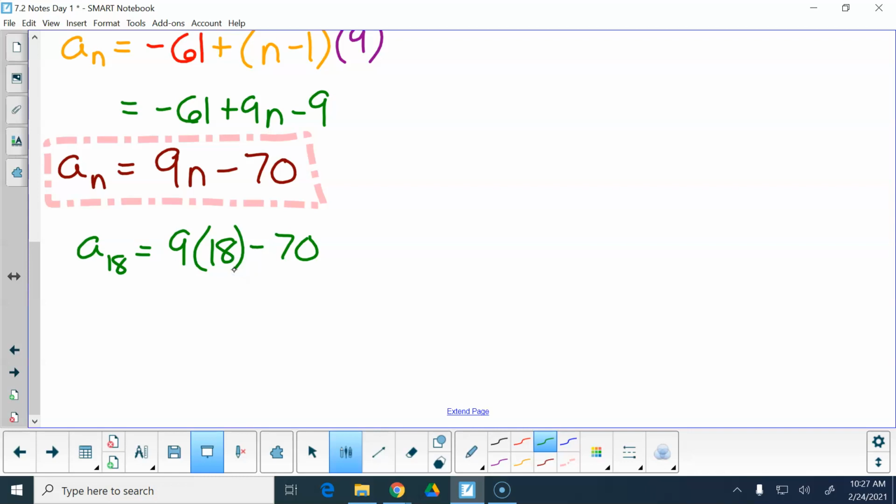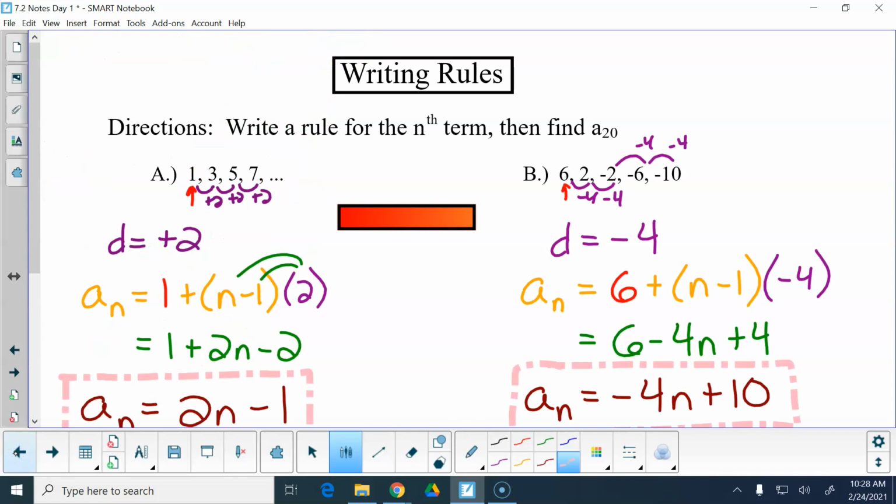Nine times 18 is 2, carry the 7, 162. 162 minus 70 is 92.